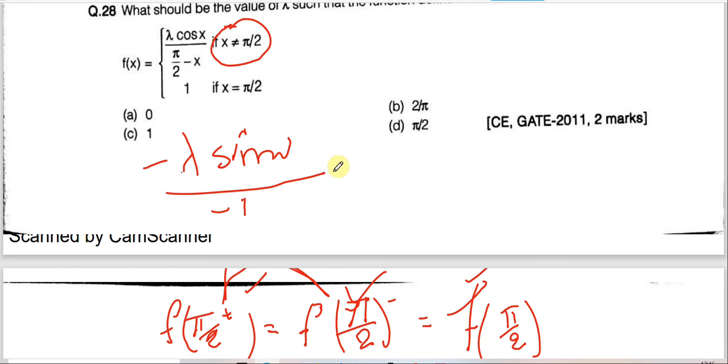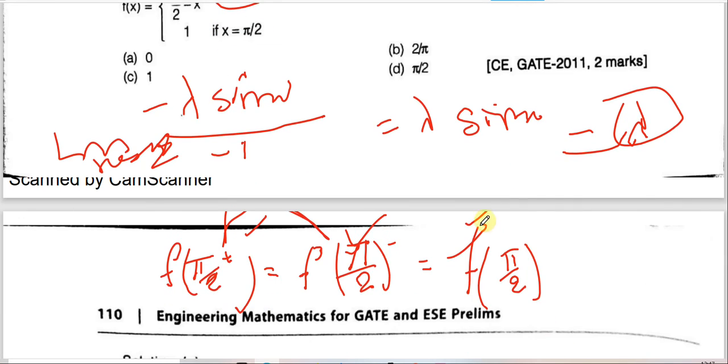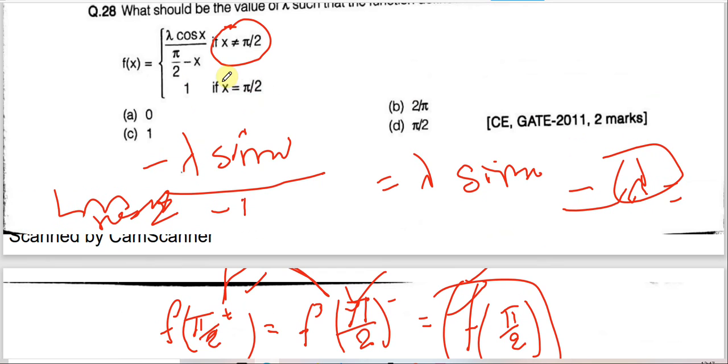So this is the limit: lambda into sin x, as x approaches pi by 2. Sin pi by 2 is 1, so it's lambda. And the value of the exact function is f of pi by 2, so lambda should be equal to f of pi by 2, which is already given as 1. So lambda will be 1.